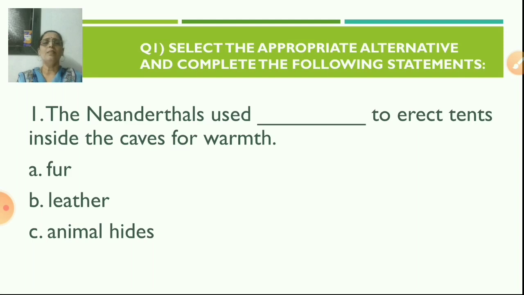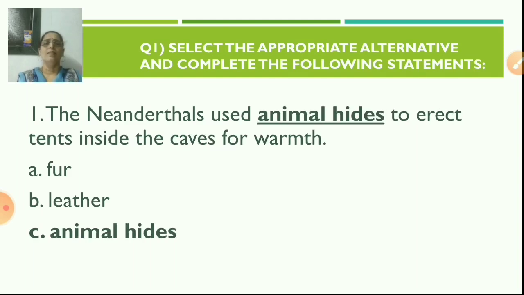So what will be the answer? Yes, C. Animal hides. So students, the Neanderthals used animal hides to erect tents inside the caves for warmth. Okay. Now the next.